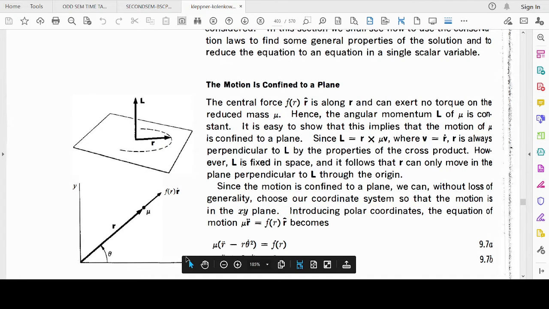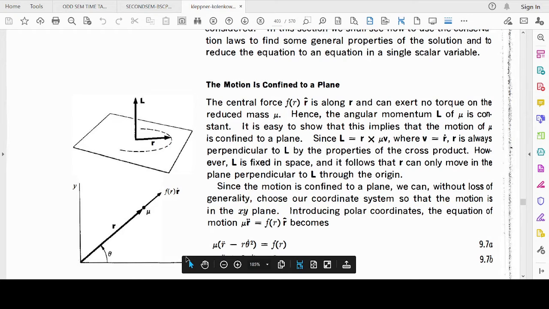So r is the first coordinate, that is, r can vary, but only in a plane, that is the xy plane. But the radius vector can make an angle inside the same xy plane.